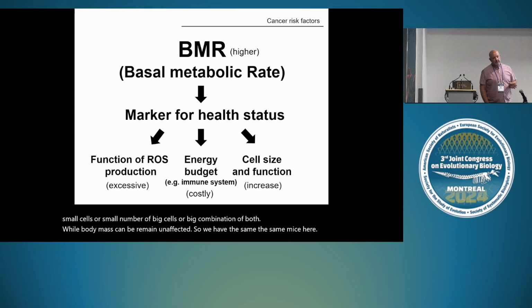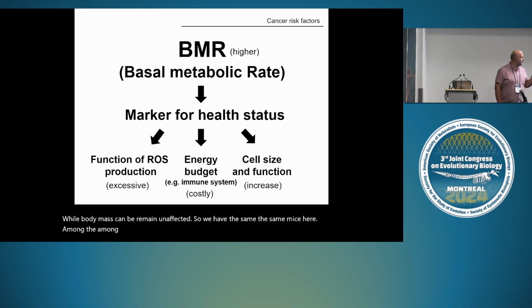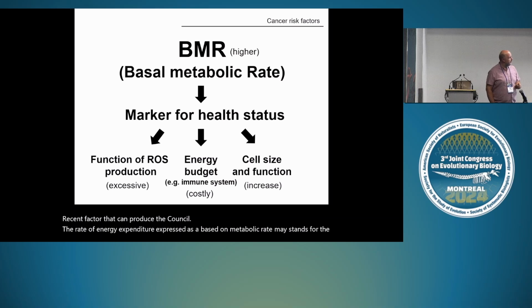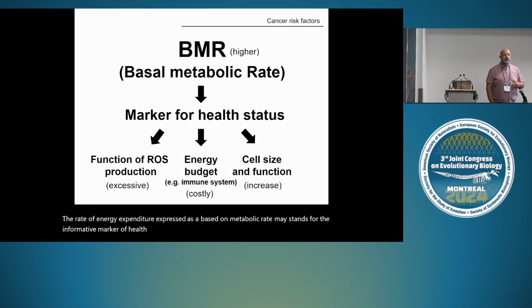Among the risk factors that can produce cancer, the rate of energy expenditure, expressed as basal metabolic rate, may stand as an informative marker of health status and prognosis for most diseases, including cancer development.